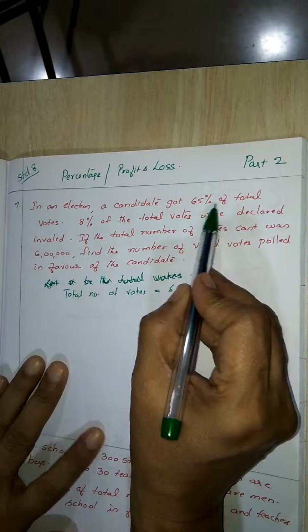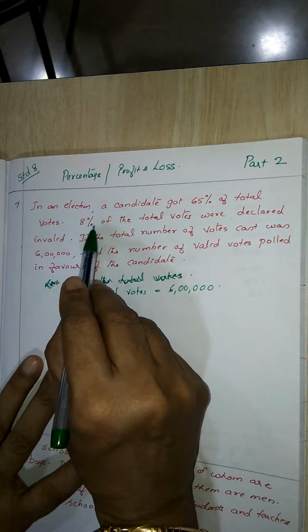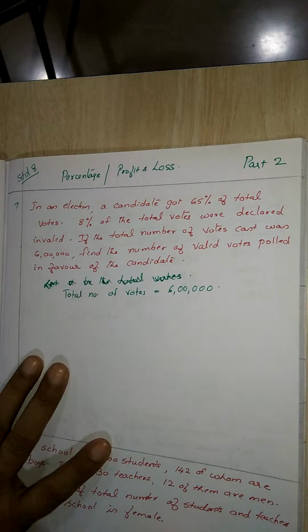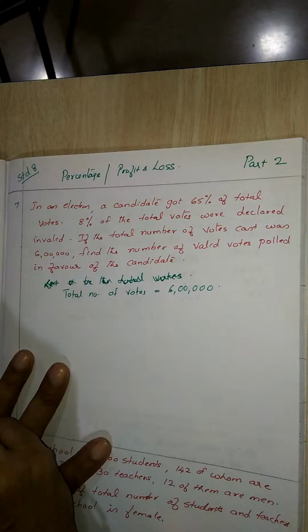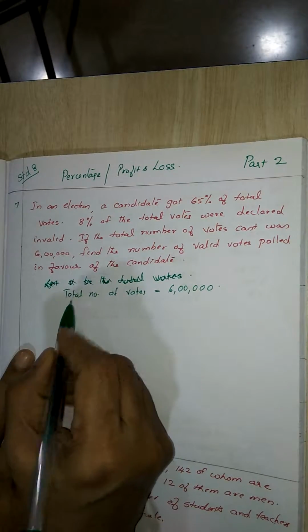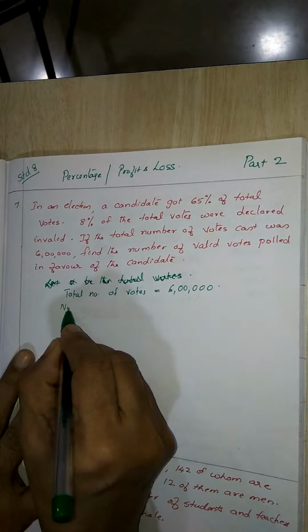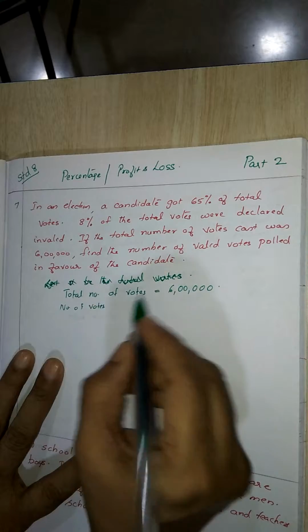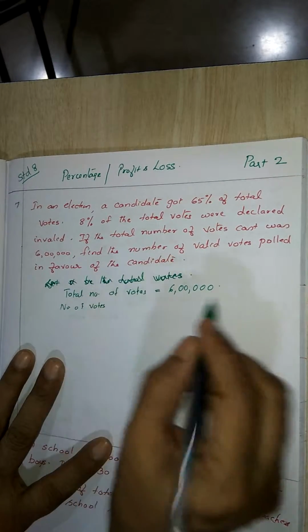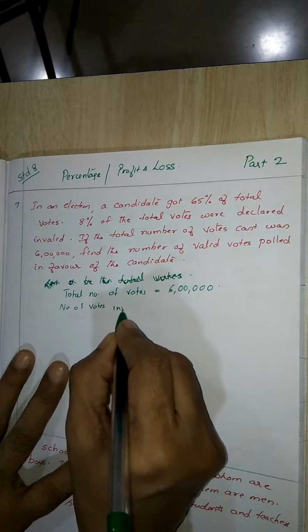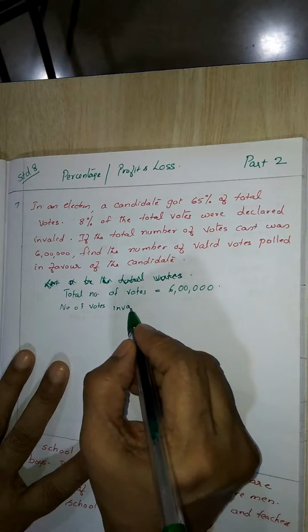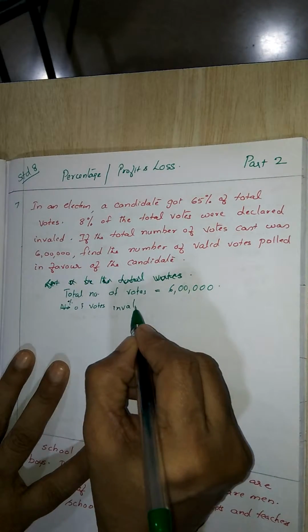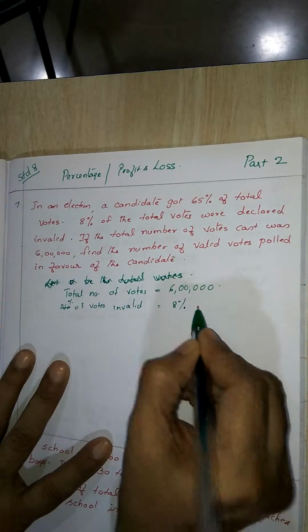So he got 65% of the total votes and 8% of the total votes were declared invalid. Percentage of votes invalid is 8%.